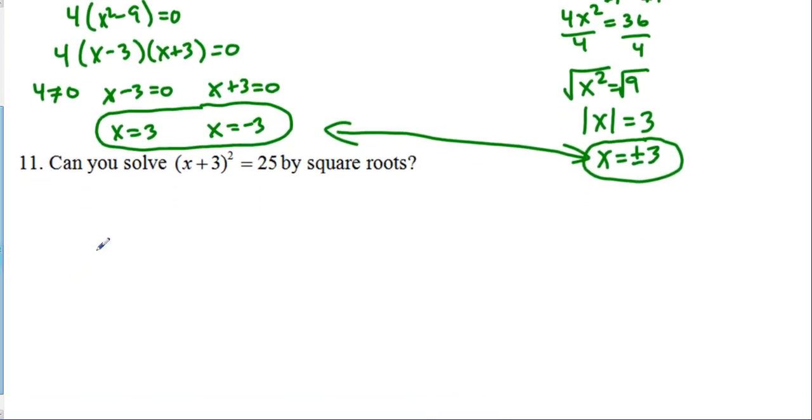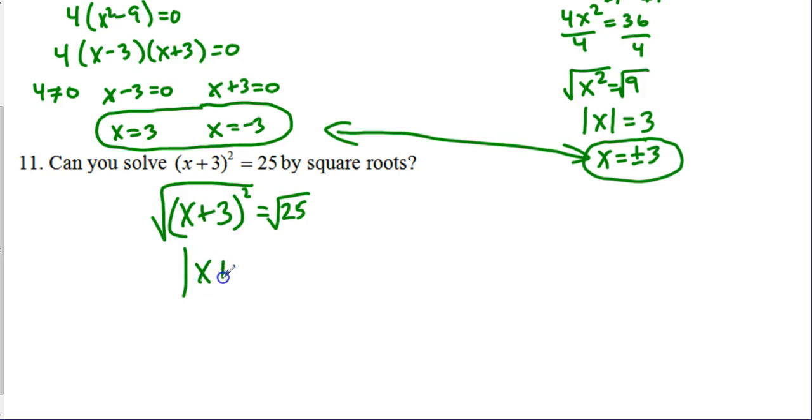Finally, can you solve this by square roots? Well, it's kind of a funky setup. I suppose we could. This expression here, this x plus 3, we could isolate by square rooting to get rid of the square. Of course, that would give me the absolute value of x plus 3. On the right side, we just have a 5. What do we do with this?